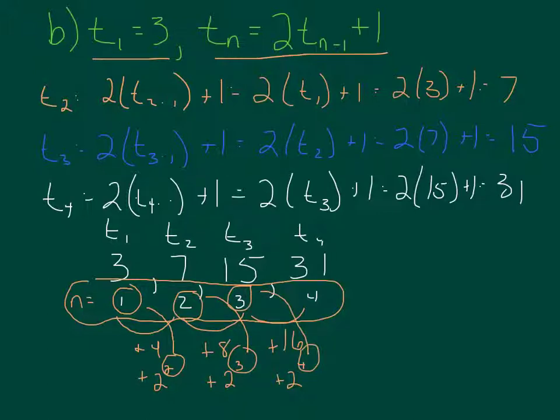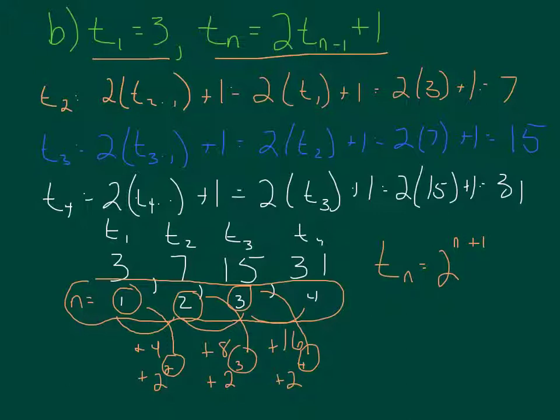Now maybe you see a different pattern, and yours may work. So check this out. T sub n is really 2 to some power of n, in which case it's n plus 1. Let's see if that's good enough.